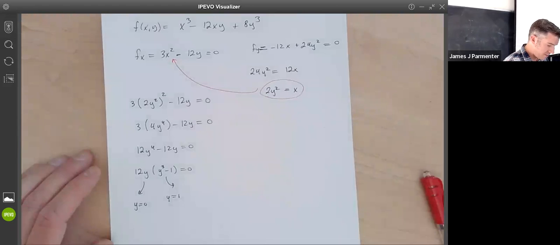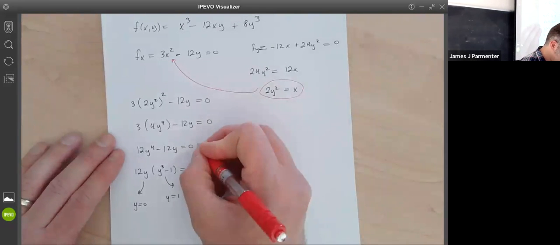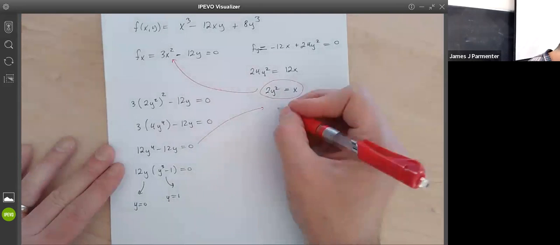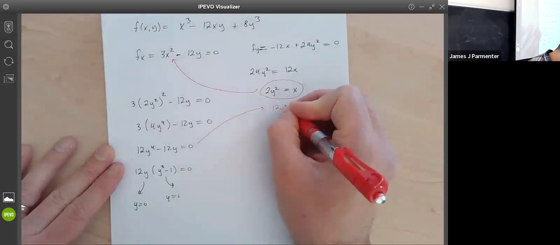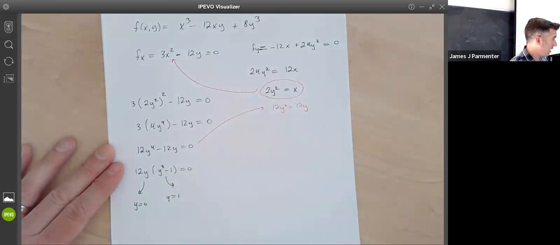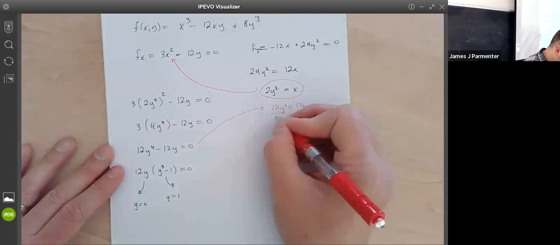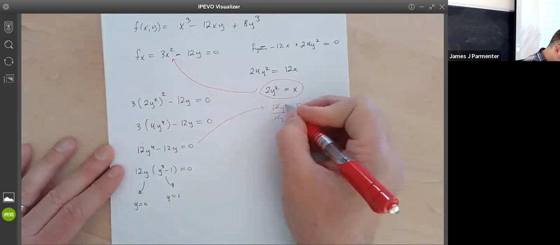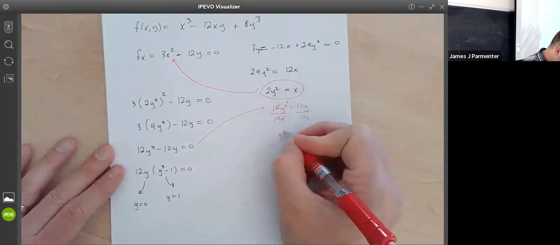What I wanted to point out is there is kind of a less good way of doing this. Some people might try solving this by doing 12y to the 4th equal to 12y and then dividing both sides by 12y. The problem with doing that is you get y cubed equal to 1.